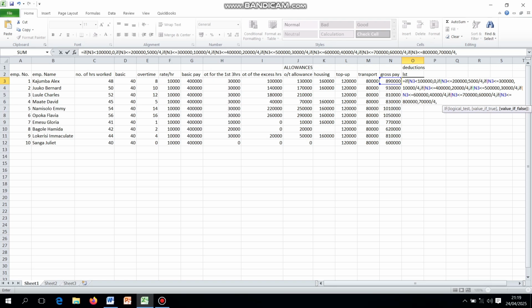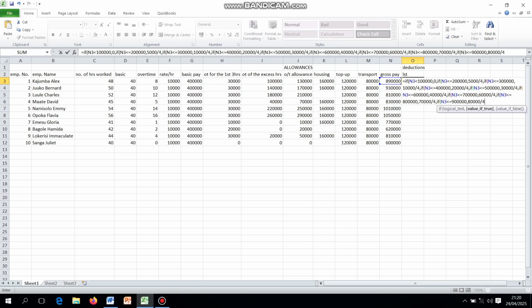So we shall go to the following one. IF, open our bracket, our gross pay is less or equal to 900,000, the rate which was given is 80,000. So 80,000 is the one we shall divide by 4.